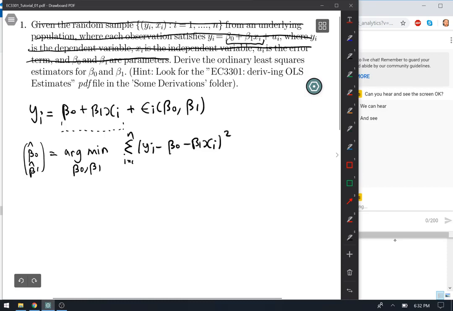Sometimes we put the 1 over n there, but it doesn't matter. It's not going to change the solution. So we can just drop it for now to make it simpler to derive, but it's not going to change the solution whether or not we multiply by a positive constant.